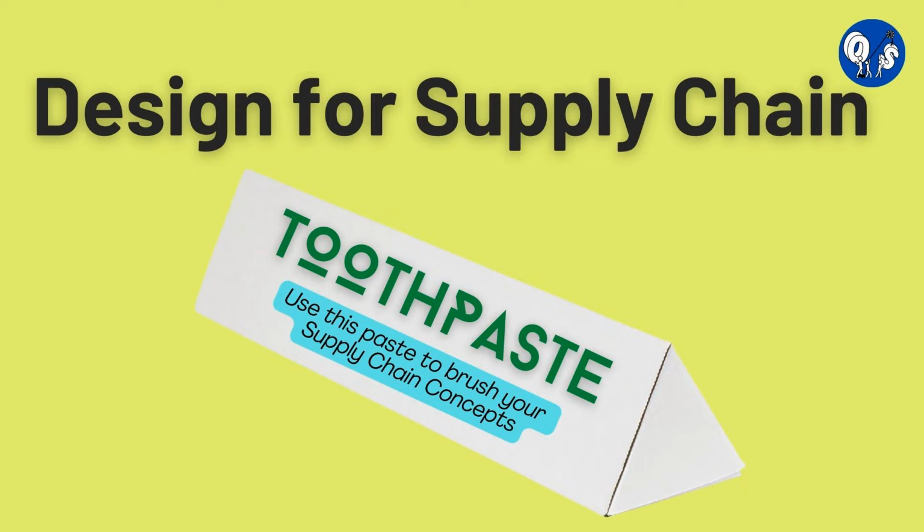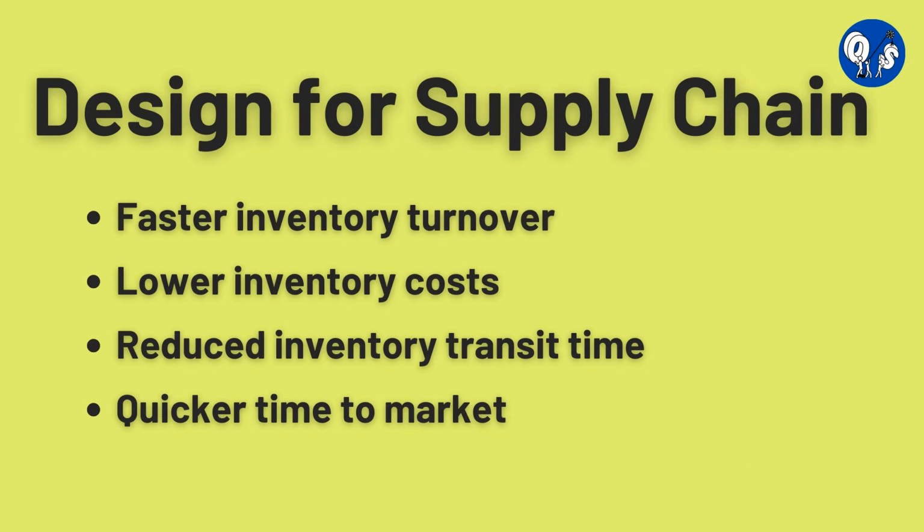So, ensuring that your product is compatible with the supply chain is just one aspect of the design for supply chain approach. The other aspect is that your product should meet other supply chain goals of faster inventory turnover, low inventory costs, reduced inventory transit time, and quicker time to market as well.